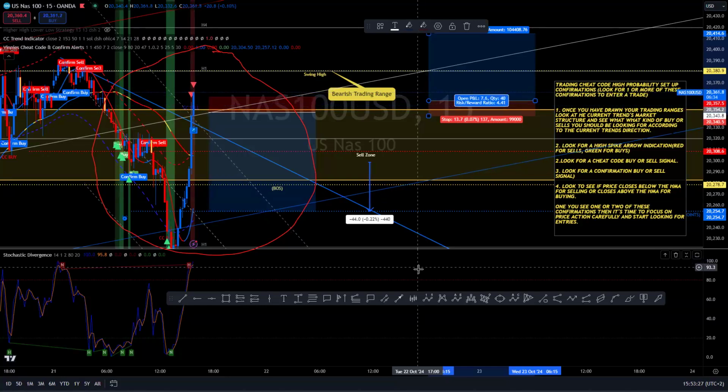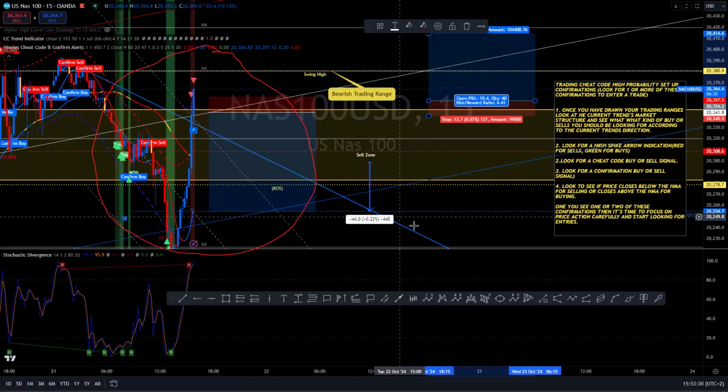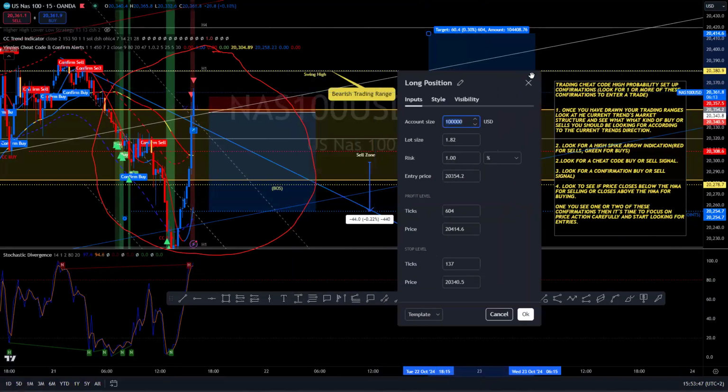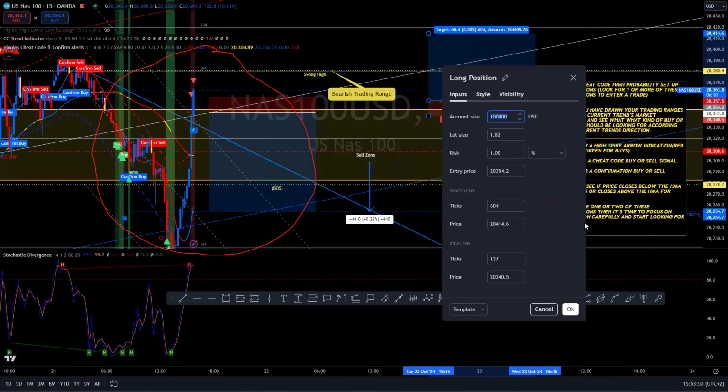Prices are buying up, and I'm waiting to see what the next candle is going to do first. It looks like we're breaking the previous structure here. Let me see. Yeah, I'm definitely waiting for the next candle, but I'm not gonna do anything yet.